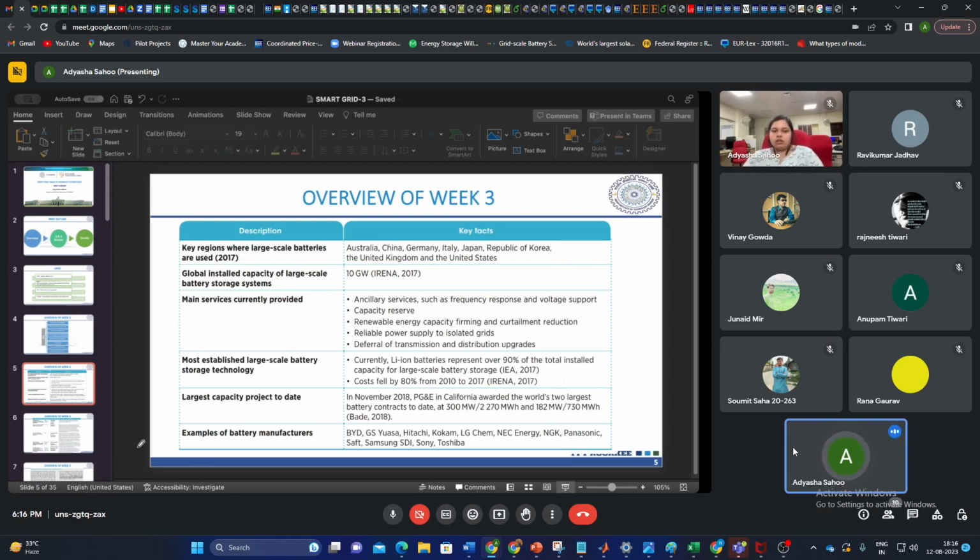The largest capacity project is in California, where we have a 300 megawatt battery and a 182 megawatt battery. Examples of some leading battery manufacturers are BYD, Hitachi, Samsung and Panasonic, as listed here.